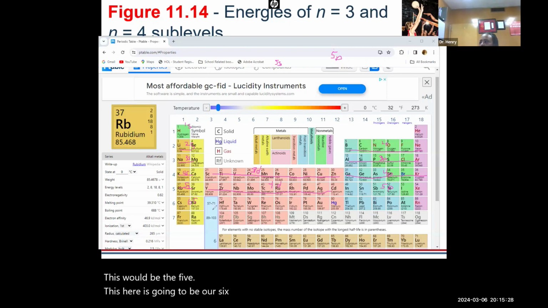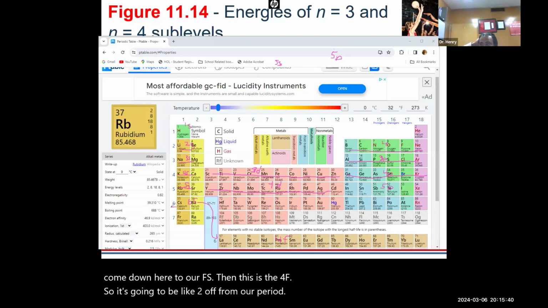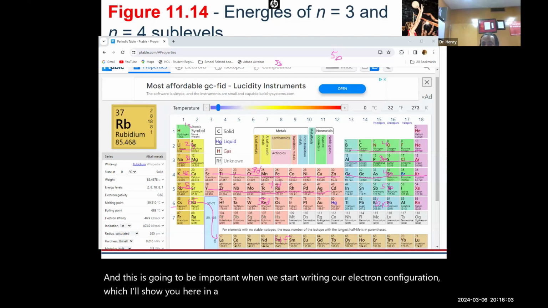And then when we get to our 6s, we're going to come down here to our f's. Then this is the 4f. So it's going to be like 2 off from our period. Okay. And then this here would be the 5d. And of course, this would be the 6p. Okay. And this is going to be important when we start writing our electron configuration, which I'll show you in a few.